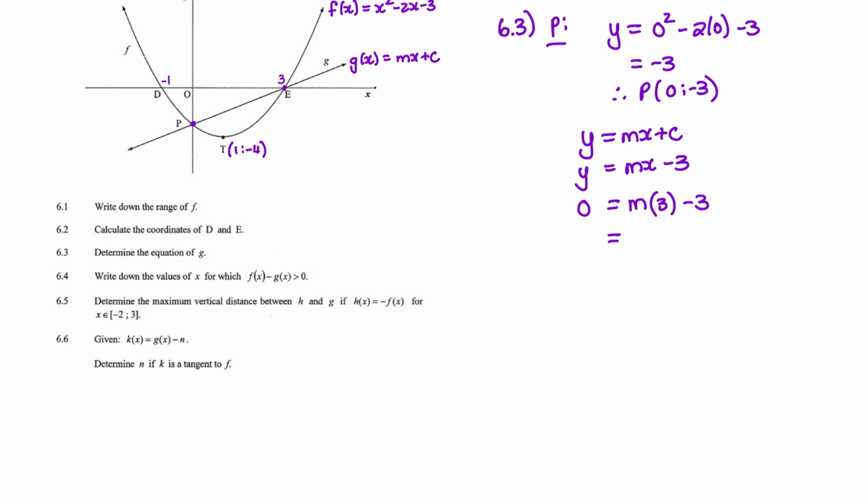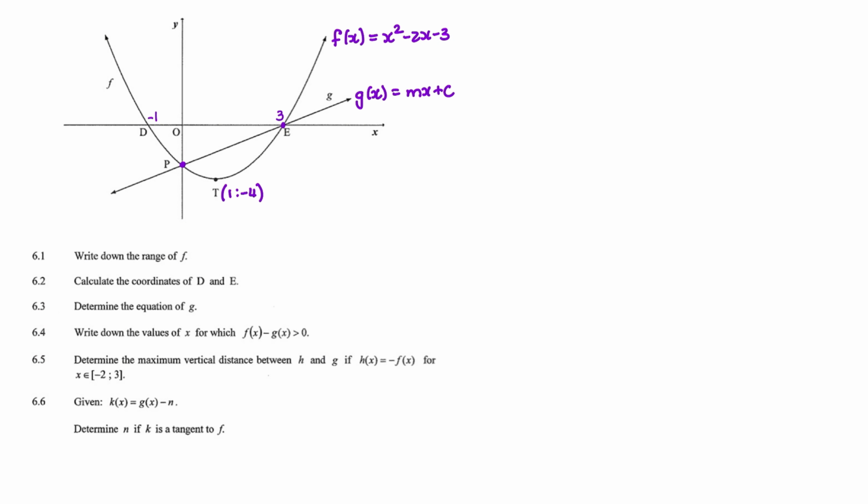So if I simplify, I have 3 = 3m. Therefore, the gradient is equal to 1. So my equation of the line, we have g(x) = mx + c. So m is 1 and c is −3. We can also write it as y = x − 3.